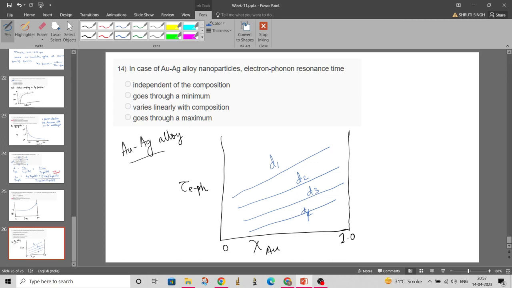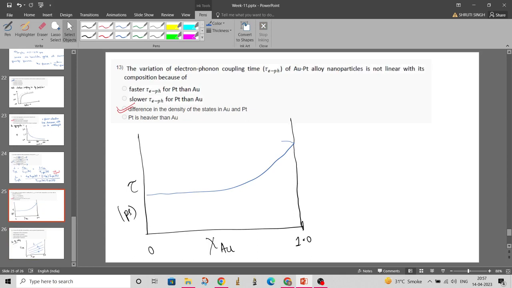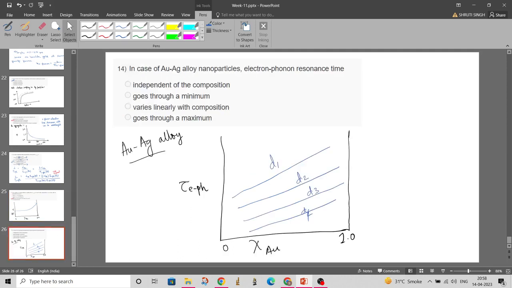For gold and platinum, it was not. Yes, for gold and platinum, this is not linear. It was increasing. This was due to the difference in the density of states of gold and platinum. But in gold and silver, it is linear because their density of states is similar.